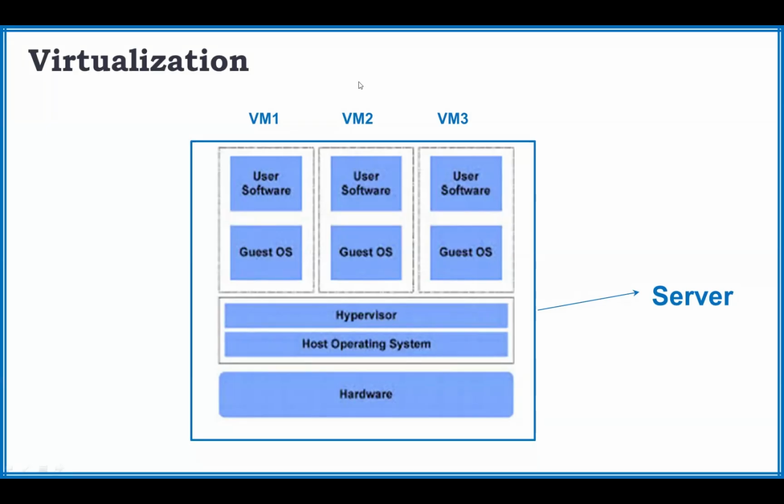So when we create a server, how can we make a server that multiple people can access? Let's suppose we have a host system. Let's say this is my laptop, and I want you to access it. Like we have installed Cloudera on our system, right? On top of my hardware, there is an operating system called Windows.